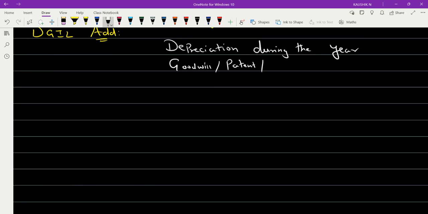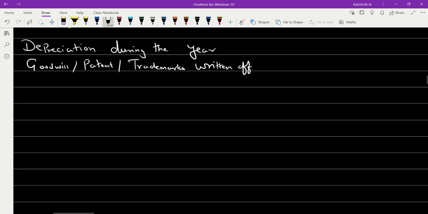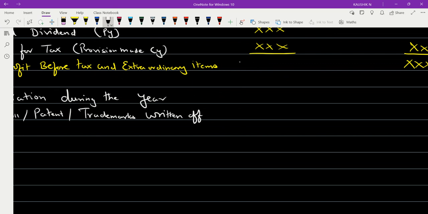Even copyright will be included, not an issue. Goodwill, patent, and trademarks written off. Okay. So the value.